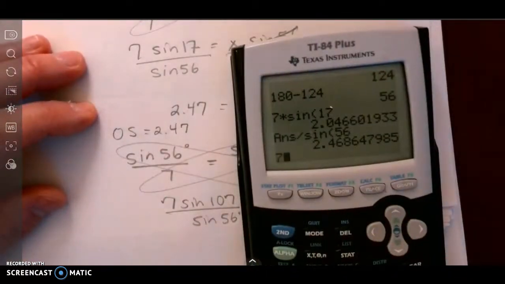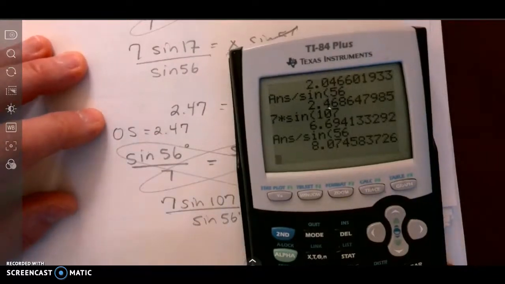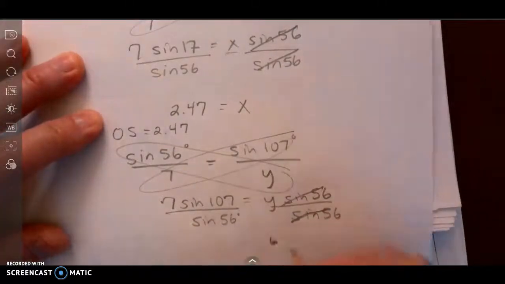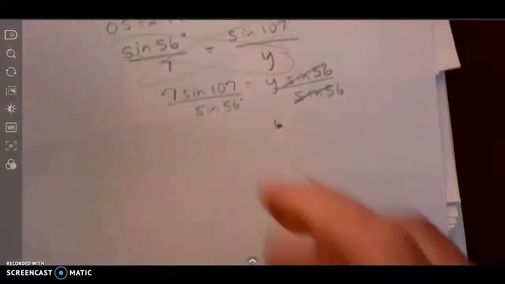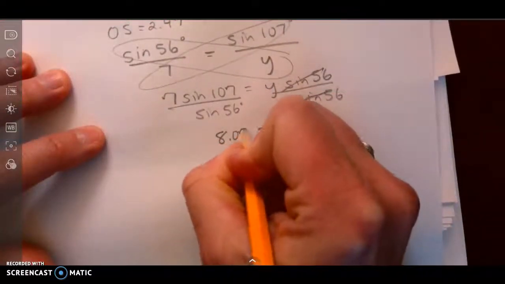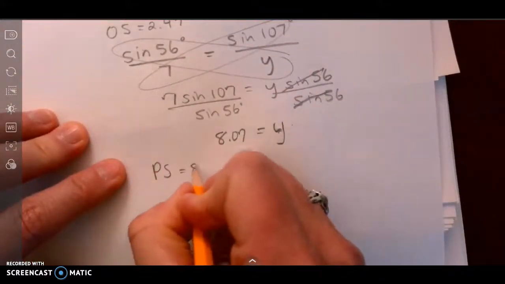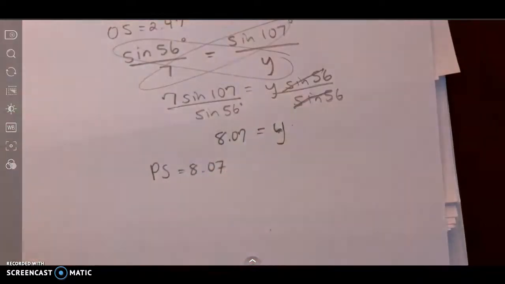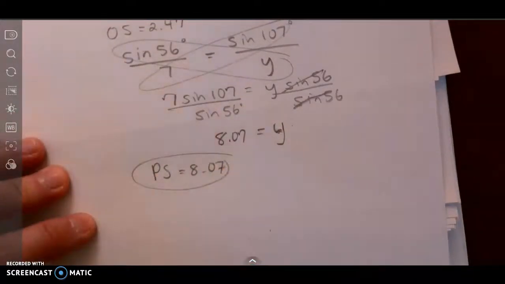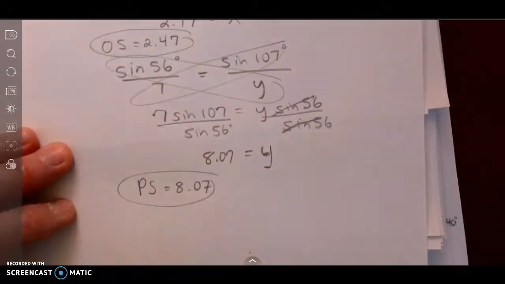I have 7 times the sine of 107 divided by the sine of 56, and I get 8.07. Oops, paper was not in a good place. Y equals 8.07, and that's PS equals 8.07. So I found the distance from P to S, and I found the distance from O to S. So I found the other two sides.